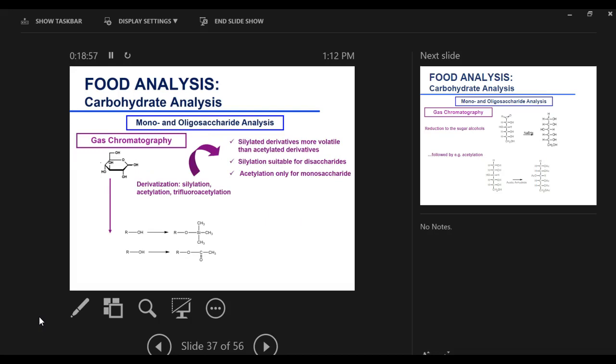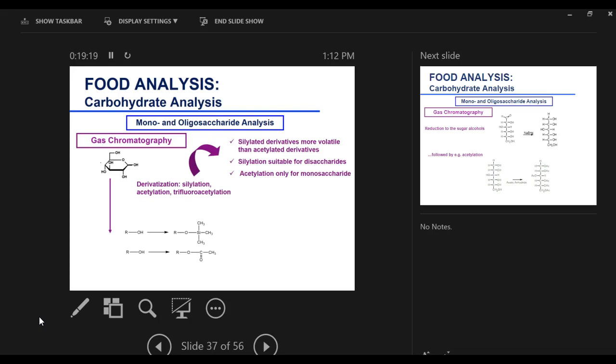So you can derivatize these sugars by different chemical reactions. You can do derivatization with silane groups, so silylation, or acetylation, or trifluoroacetylation. So different ones have different characteristics. So the silylated derivatives are more volatile.